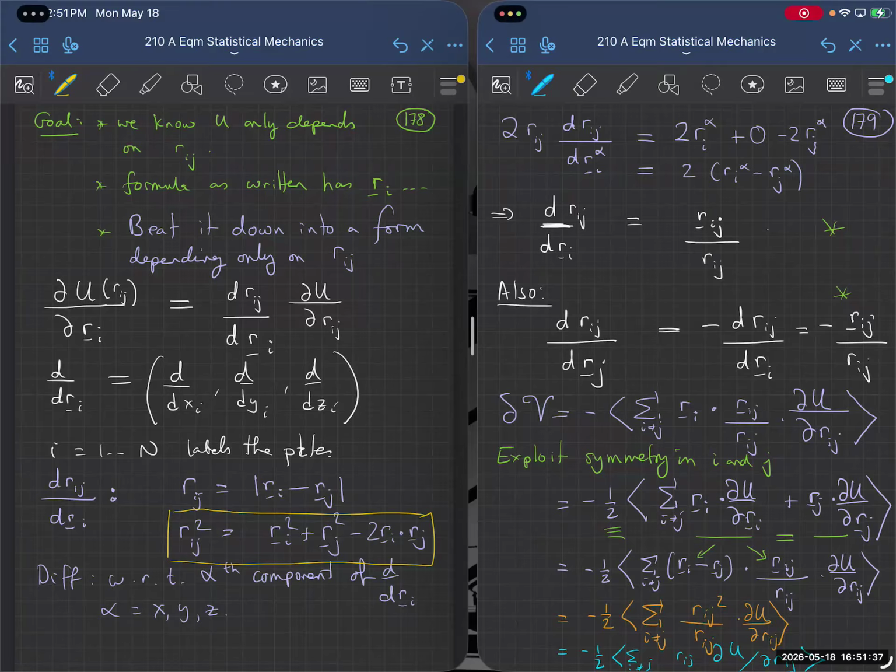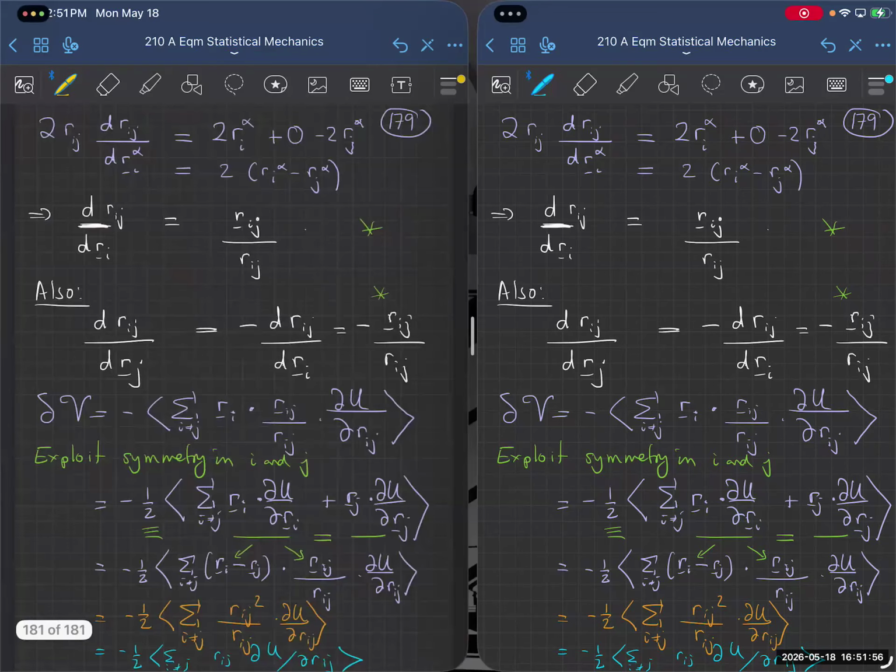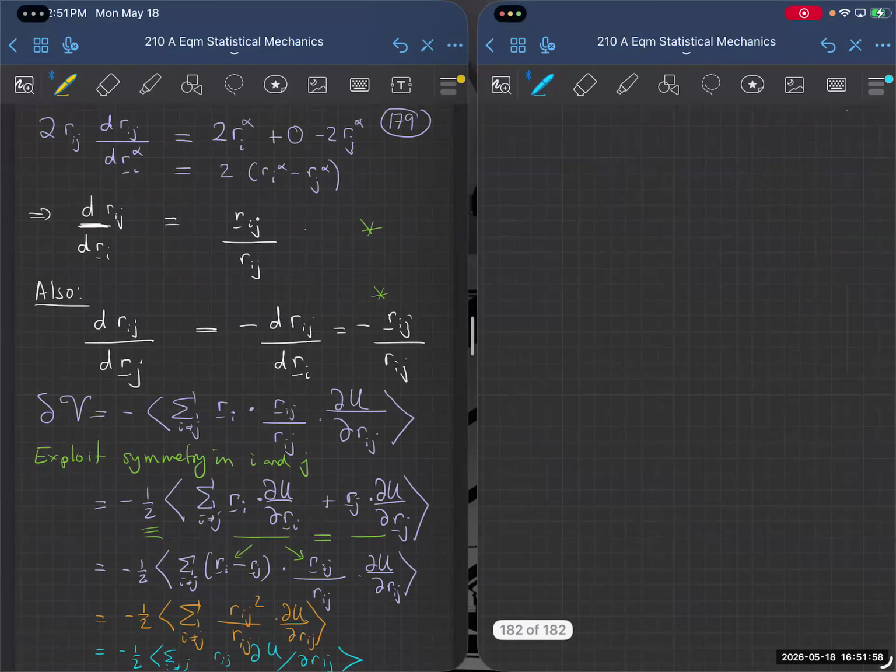Okay, and so now what I've done is exactly what I said to do over here on the left: I've taken my formula for the virial and written it as an expectation value of a quantity that depends only on the magnitude of the distance between two particles i and j.